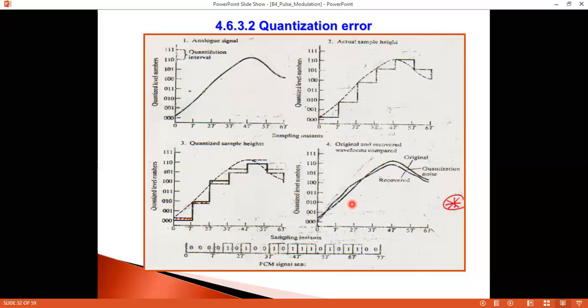But there is also a trade-off. We cannot just simply increase our quantized PCM bits, because when we increase n, what will happen is that our fB will also be high because it's directly related to n and fS. So if you use higher n, even though it will be more accurate, the bit rate will be higher.